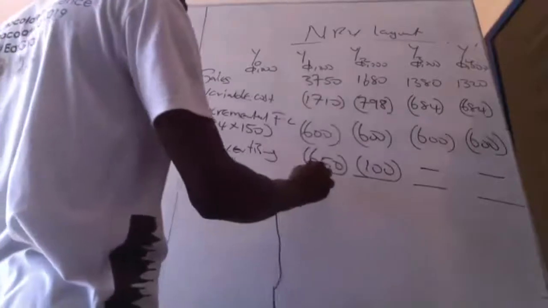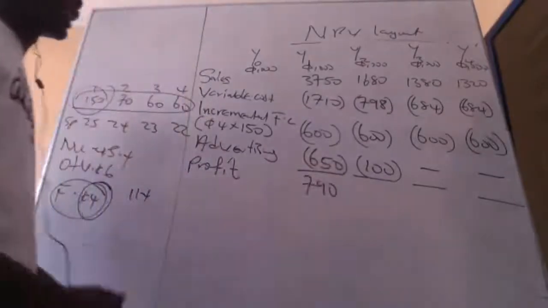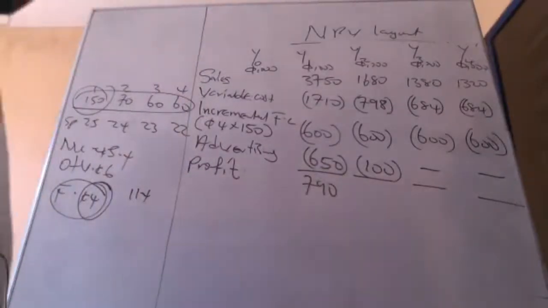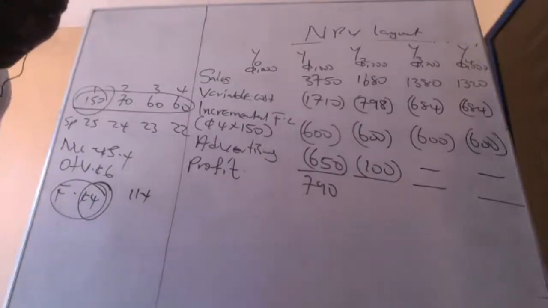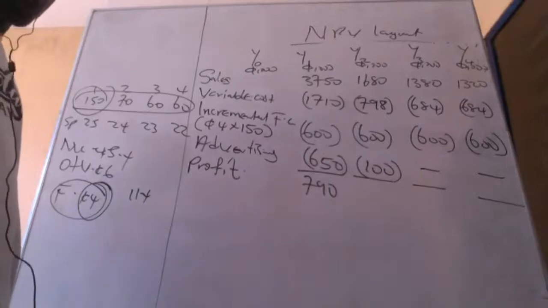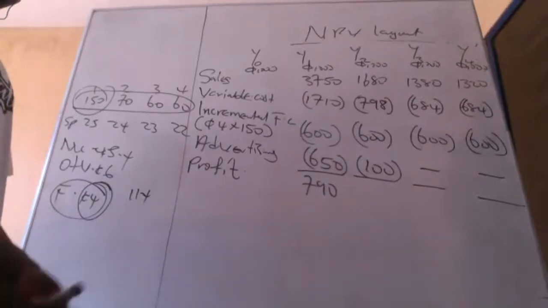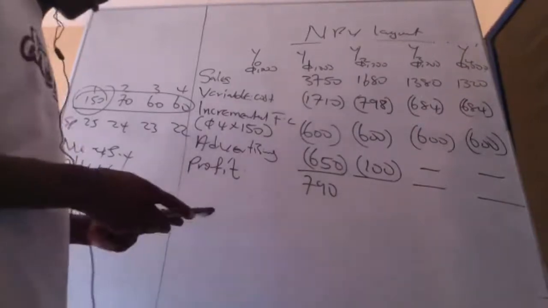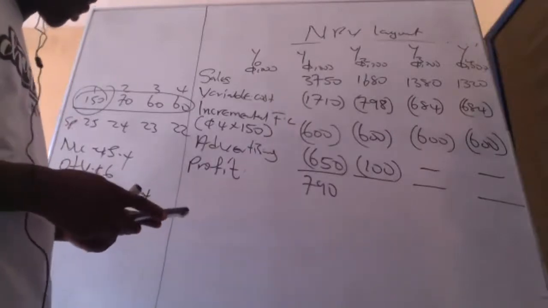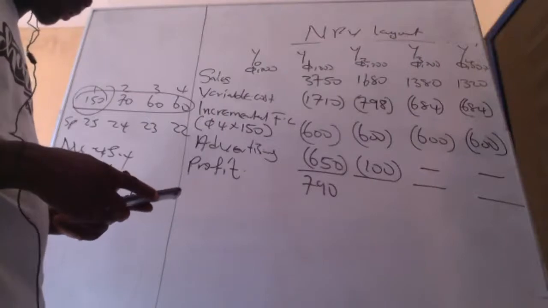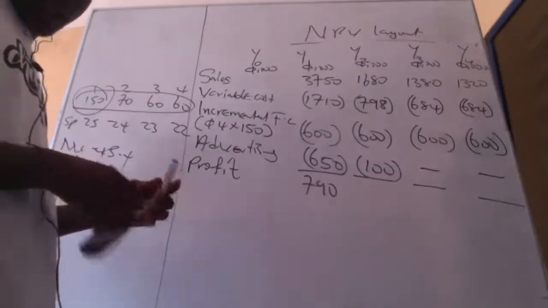And then someone to also try year 2 so that we can finish quickly. Let me do year 4: 1320 less 684 less 600. So that's 36 for the last year.